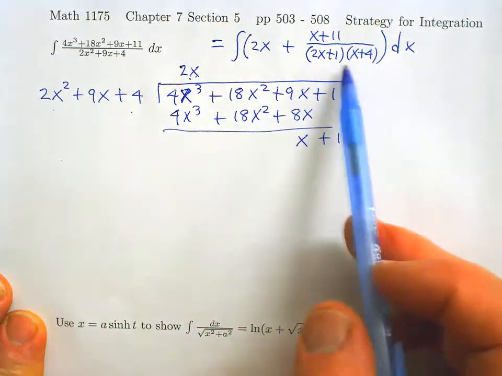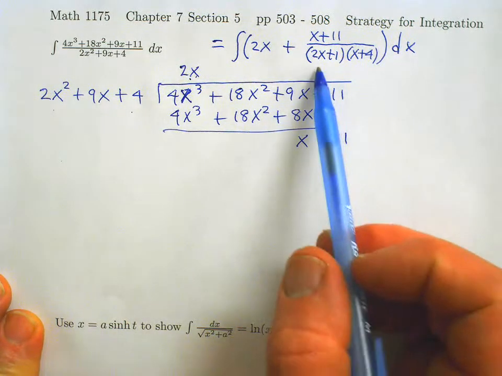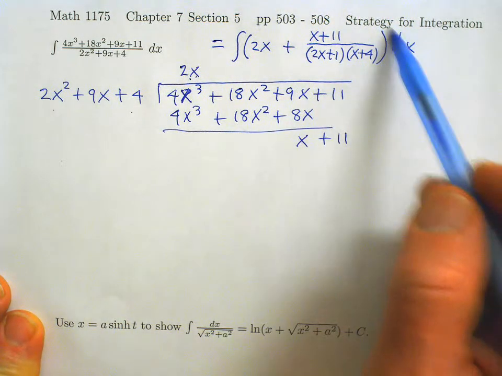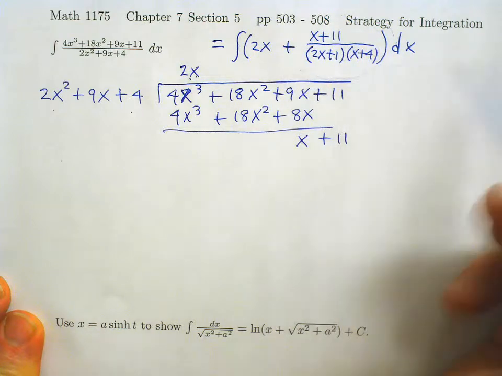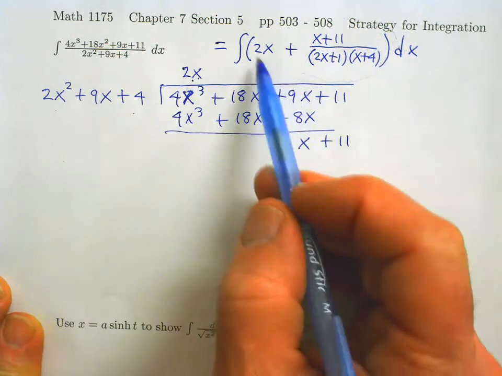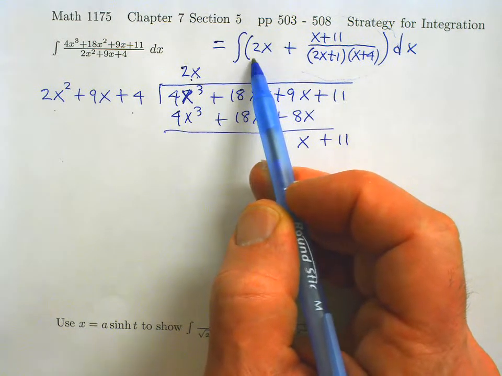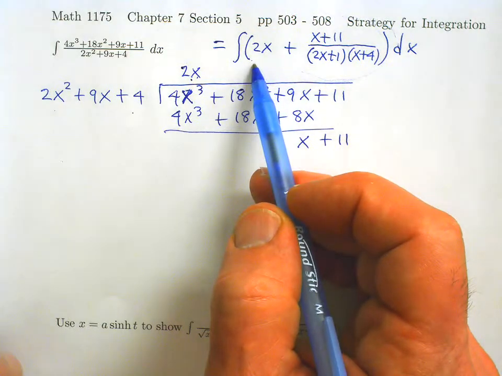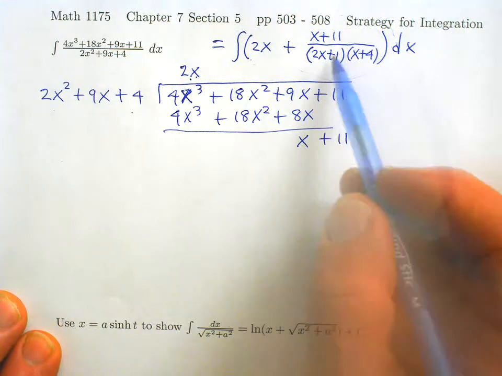Okay, so part of the remaining task is to evaluate the integral of this proper rational function. We know what the antiderivative of 2x is. That's just x squared.